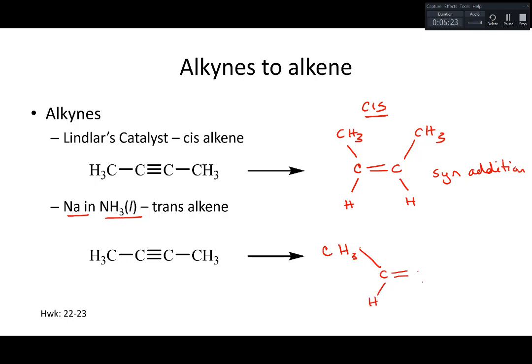And the product will end up being in the trans configuration. Now, the mechanism for this reaction is well beyond this class, but it's worth knowing this reaction because it gives you trans instead of cis.